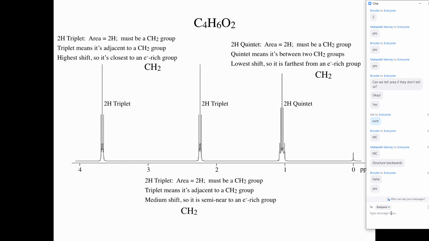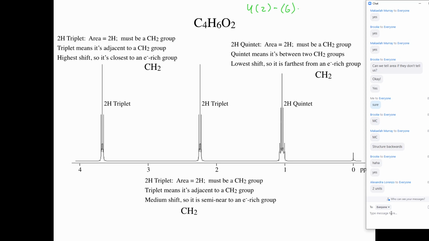I'll let you guys do this all by yourself. What do you do for carbons? Two extra bonds. I subtract H's. I do nothing for oxygen. I add 2 for the end of the chain.